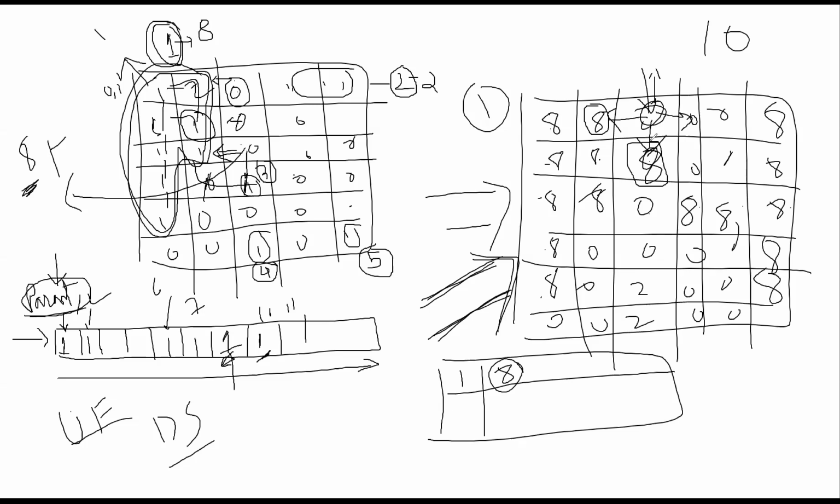And Puneet was suggesting that for the best complexity, if you're using union find, you should use path compression, and that will give you O of Mn. If you don't do that, then it will be more than that.